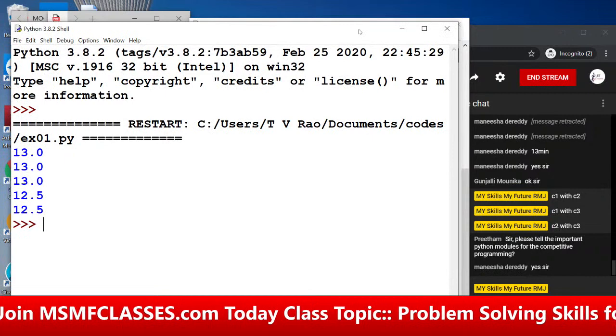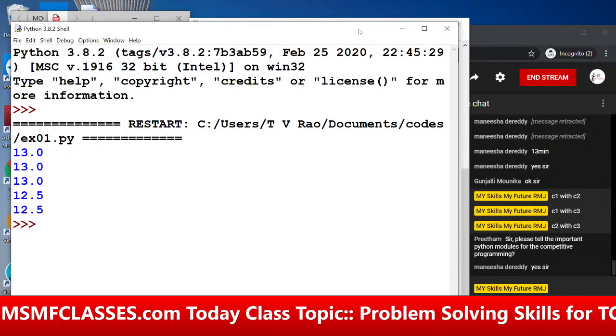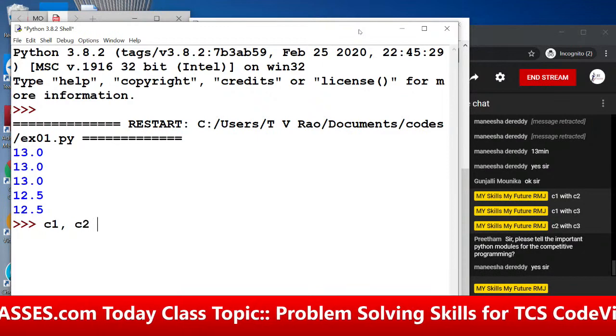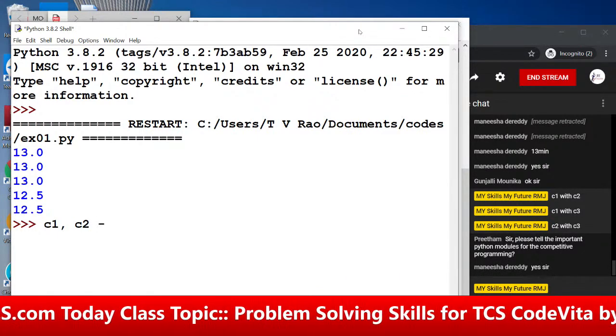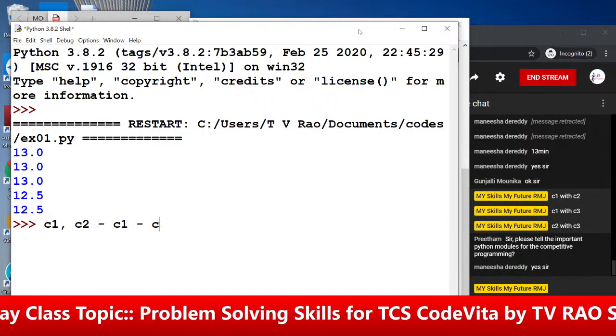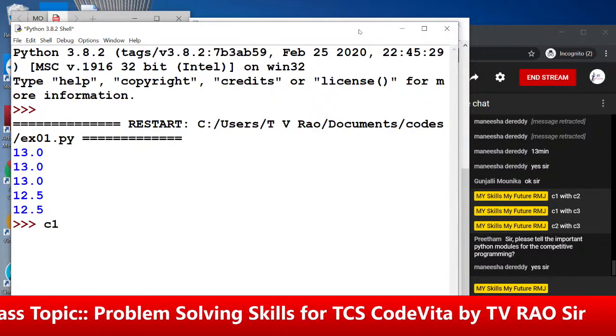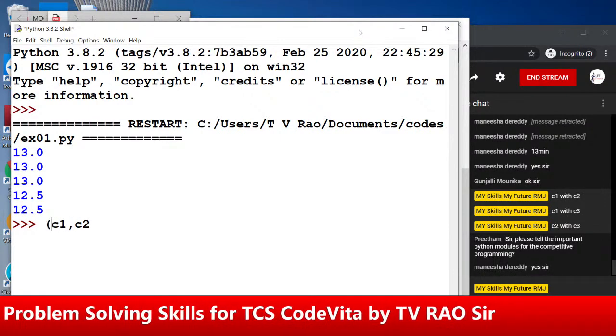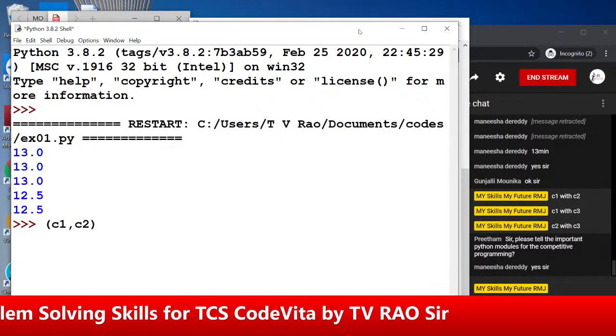Now I want all the students to comment on it. C1, C2. This is one combination. C1, C3. C1, C2 collide. Okay.